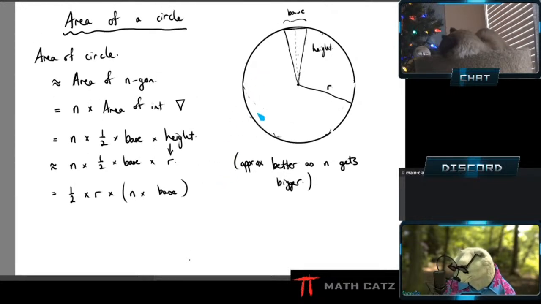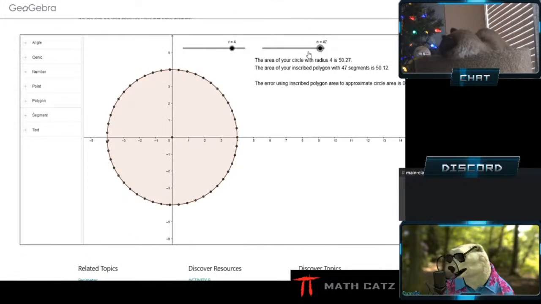So the base sits over here. Remember, it's super short, super small, and pretty much tracking the circle all the way around. Initially it's not, but eventually these little pieces are tracking the circle all the way around.